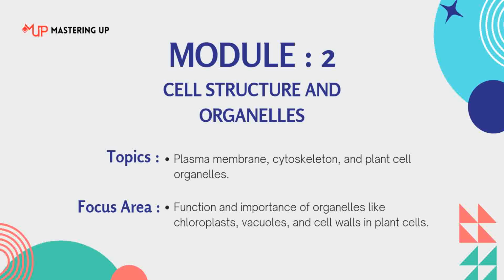Each organelle, as we know, plays a unique role in maintaining cell function and overall health. For example, chloroplasts are like solar panels for the cell, capturing sunlight to power photosynthesis, while vacuoles help store water and nutrients, especially in plant cells.